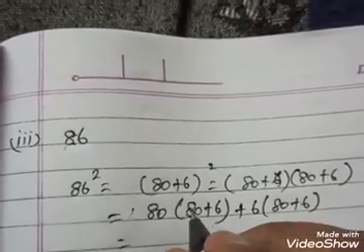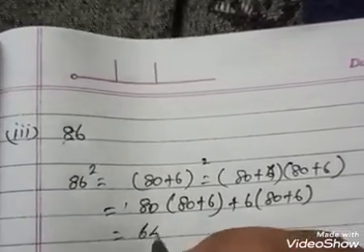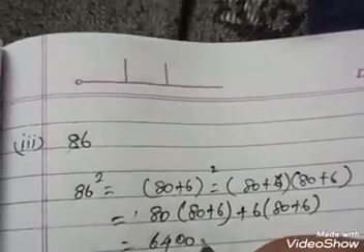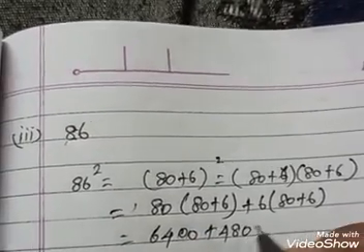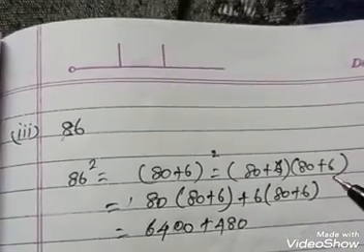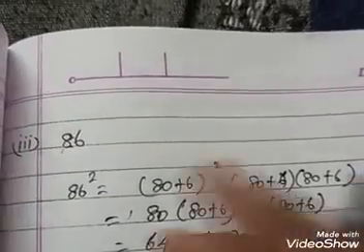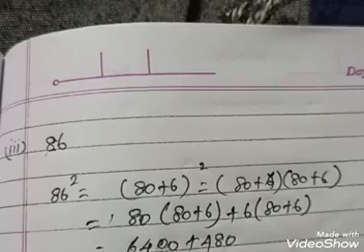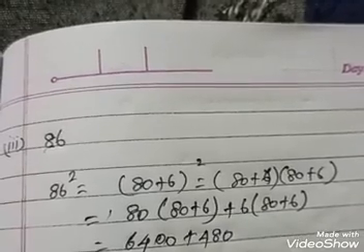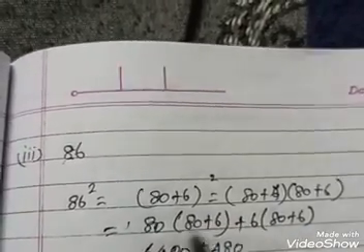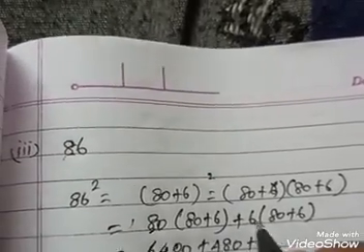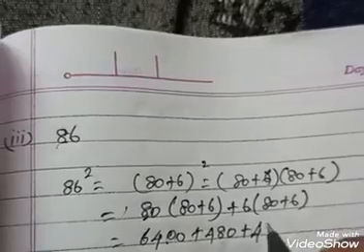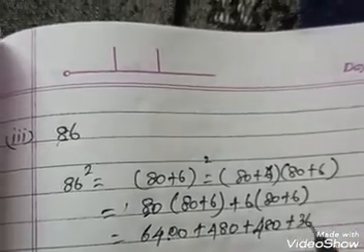So 80 into 80, 8 8s are 64, and 6 8s are 48. Directly I multiply 8 into 8, 64, 6 8s are 48, 480, plus 6 into 80, you get 480, plus 6 6s are 36.